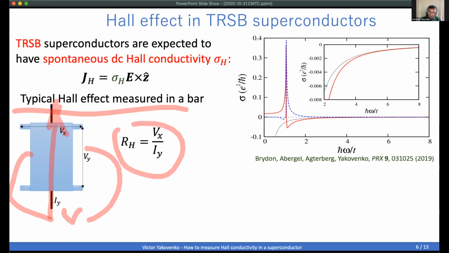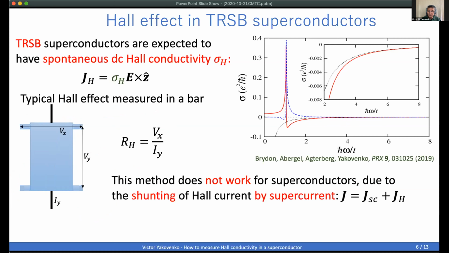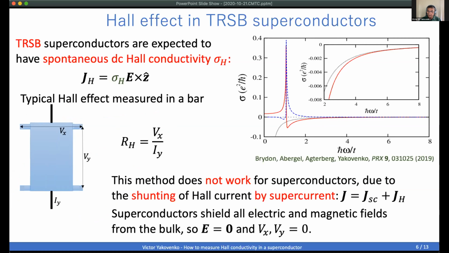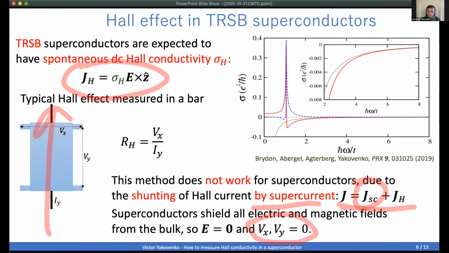You can surely pass current, not a problem, but there will be zero voltage, because in a superconductor the current is a sum of supercurrent and whatever else, for example Hall current. But the supercurrent will shunt out everything. If you send current, it will be carried by supercurrent, and there will be zero electric field.